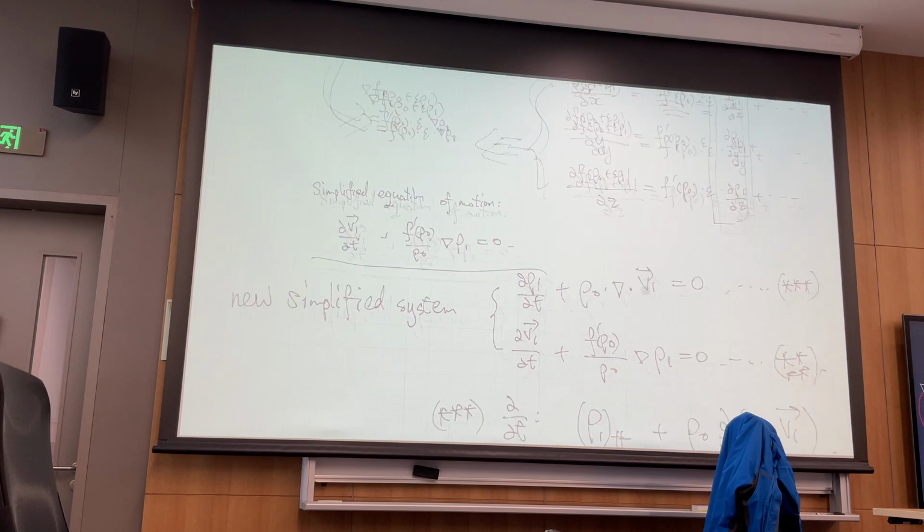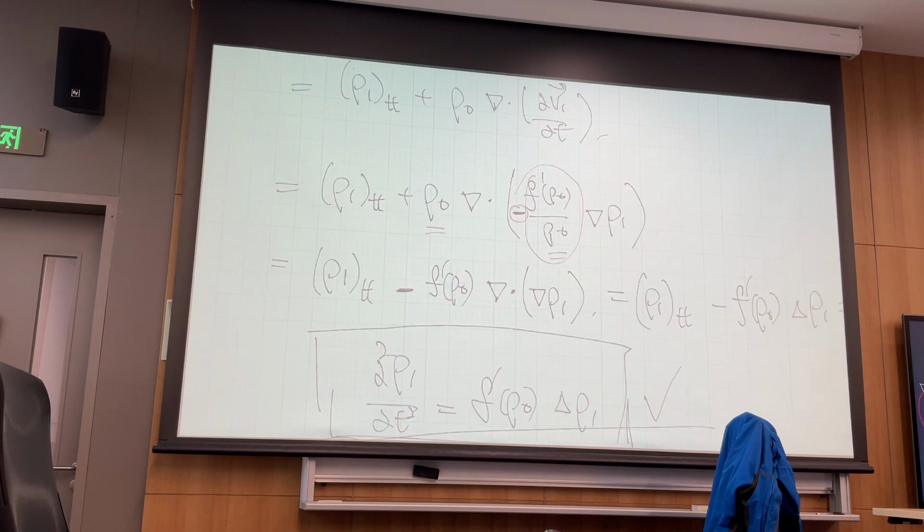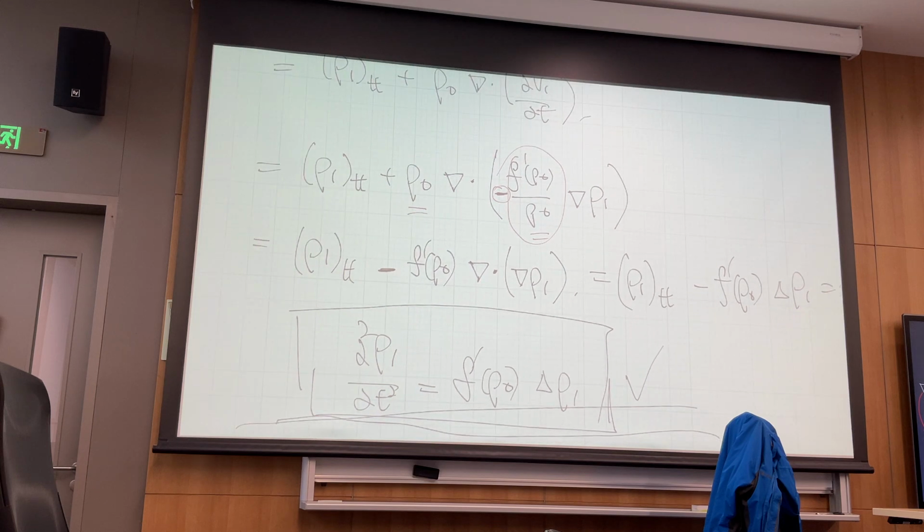Finally we arrive at this equation: the second-order time derivative of rho 1 exactly equals the Laplace of rho 1 multiplied by a constant, which is f prime rho 0.